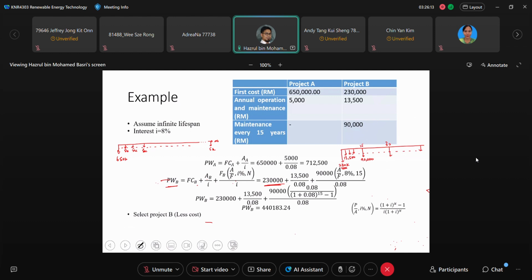This one can be approximated to 1 over I when n tends to infinity, so we have AB over I. So we have this value. Okay, this one is settled. Let's settle this one. So how can we settle this one?